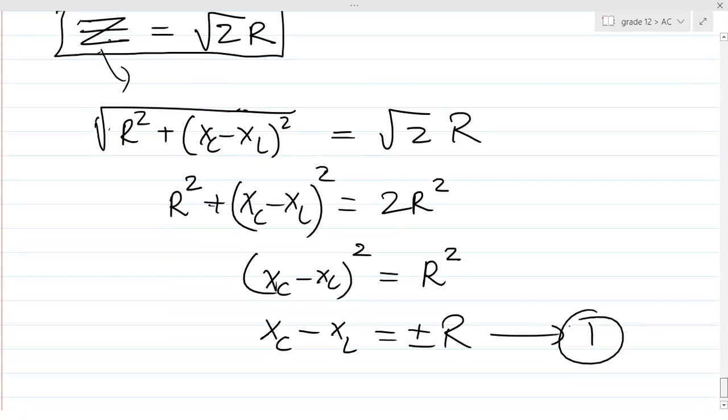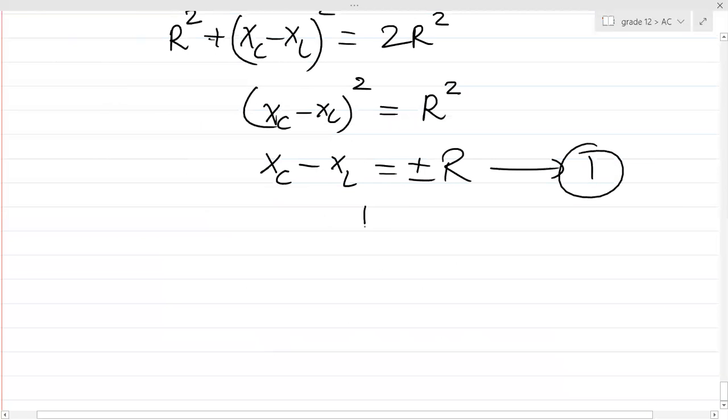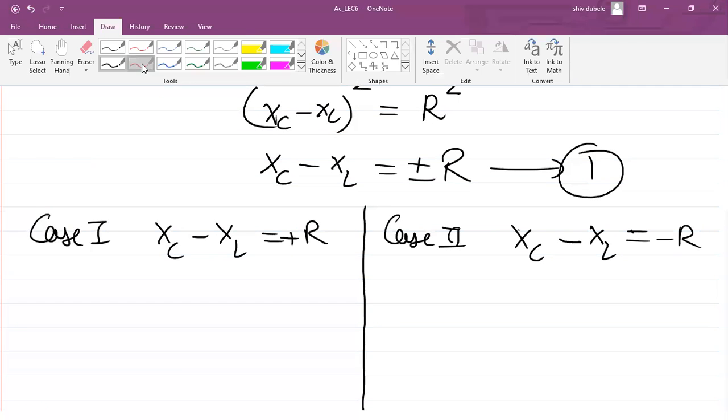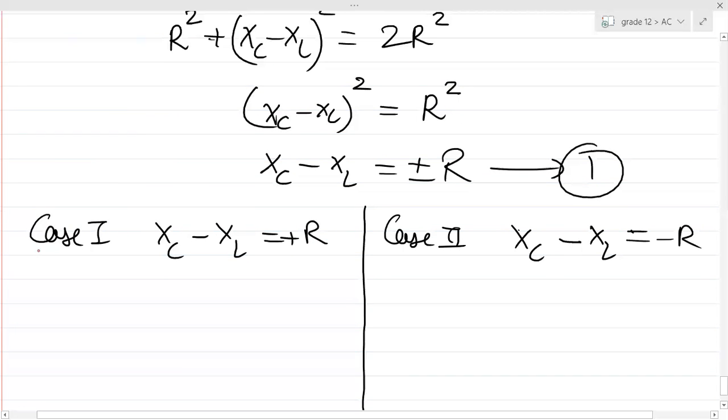Guys, hello. Yes, sir. The derivation is not finished, it has only just started. This is the condition from where the derivation will begin. So now there will be two different cases. There will be case 1 when XC minus XL is equals to plus R, and there will be case 2 when XC minus XL is equals to minus R. By the way, please remember, if XC minus XL is positive quantity, that implies XC is greater than XL, and if XC minus XL is a negative quantity, that implies XC is less than XL.